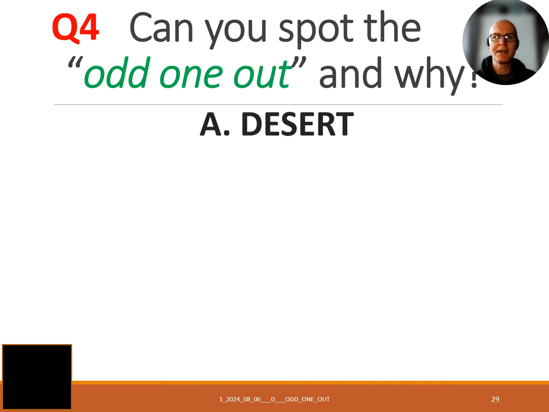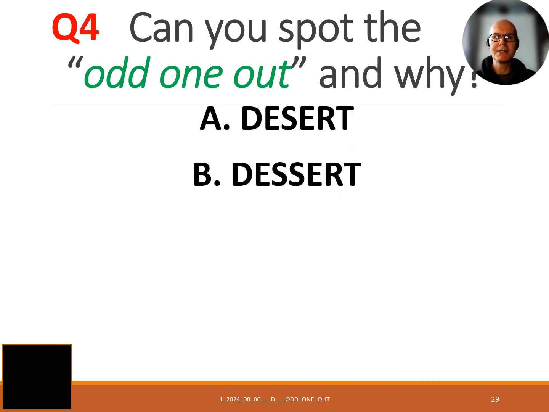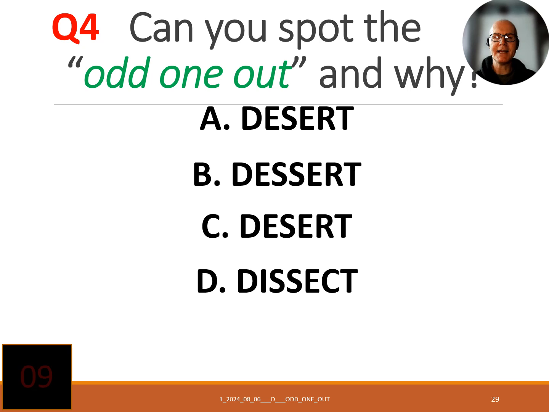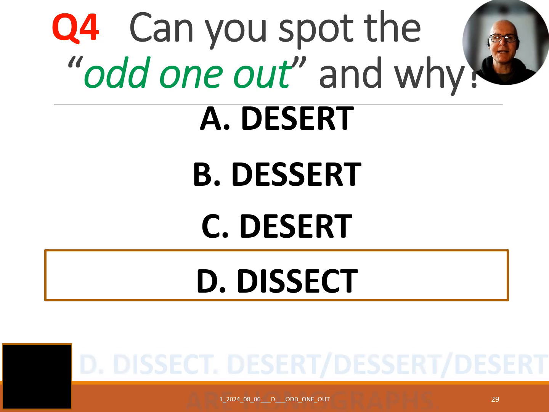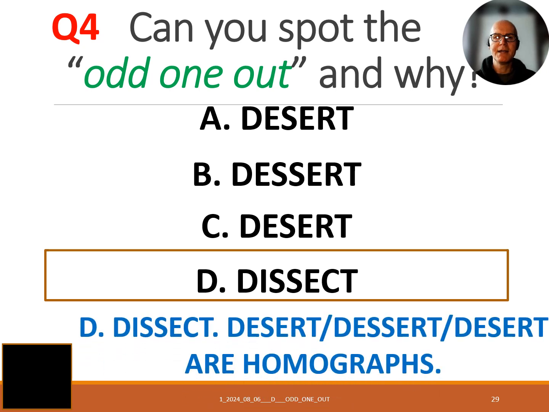Question 4. Desert, dessert, dessert, dissect. What was the odd one out from these four words and why? It was D, dissect.